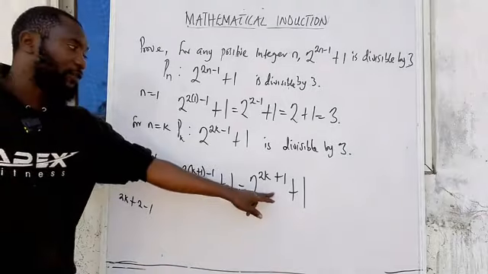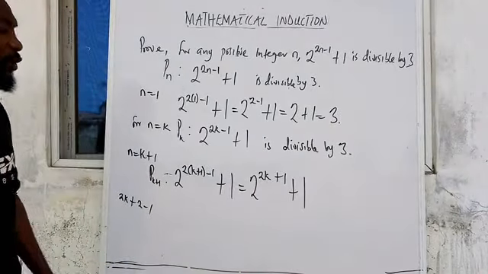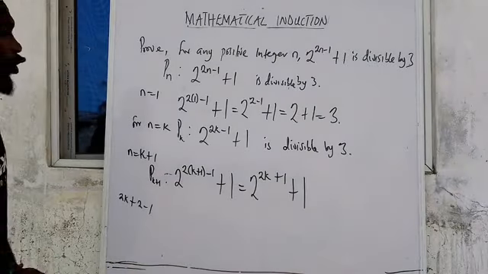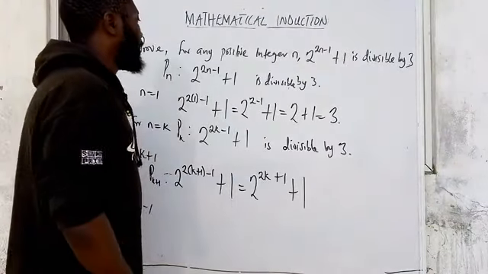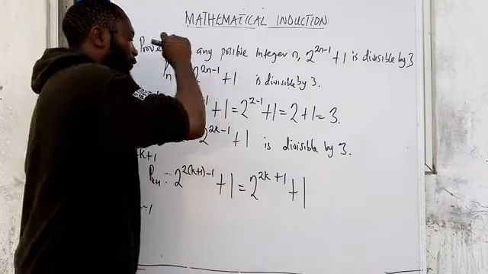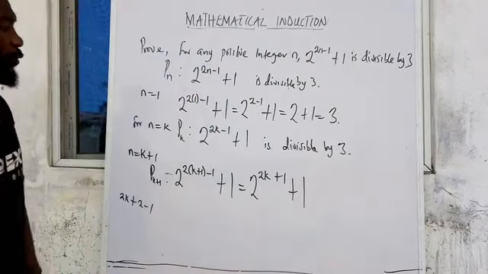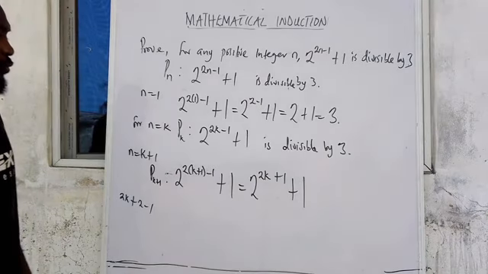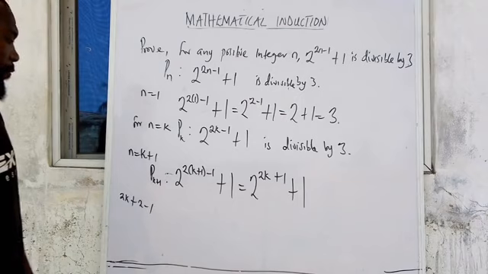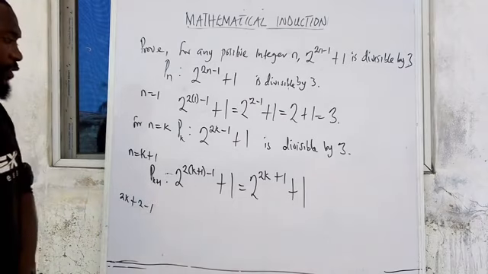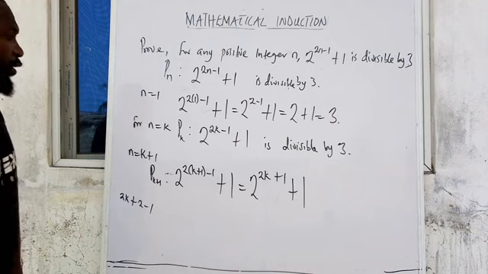How do we know this is divisible by 3? What you just need to do is compare what you have here with what we have here. Compare the two. What do we observe? Are they the same? They are not the same.